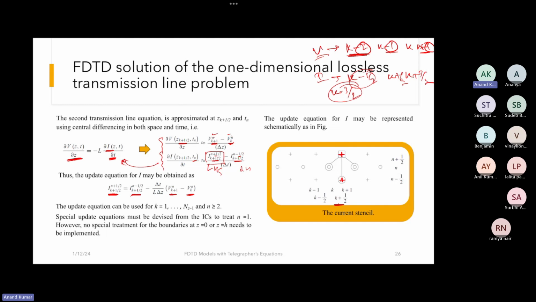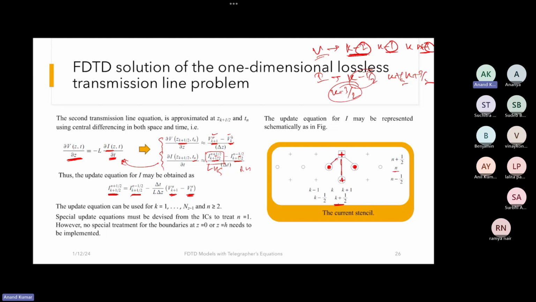It is also given in terms of the voltage values at the nth time instant at the k plus 1 and k positions. So this is the voltage at the k plus 1 position at the nth time, and the voltage at the kth position at the nth time, and the current value at the n minus half time at the same location.